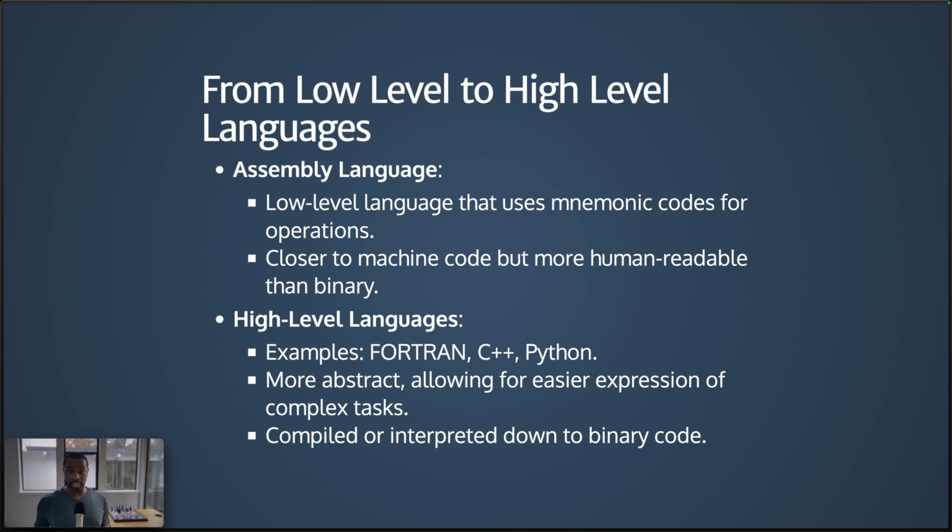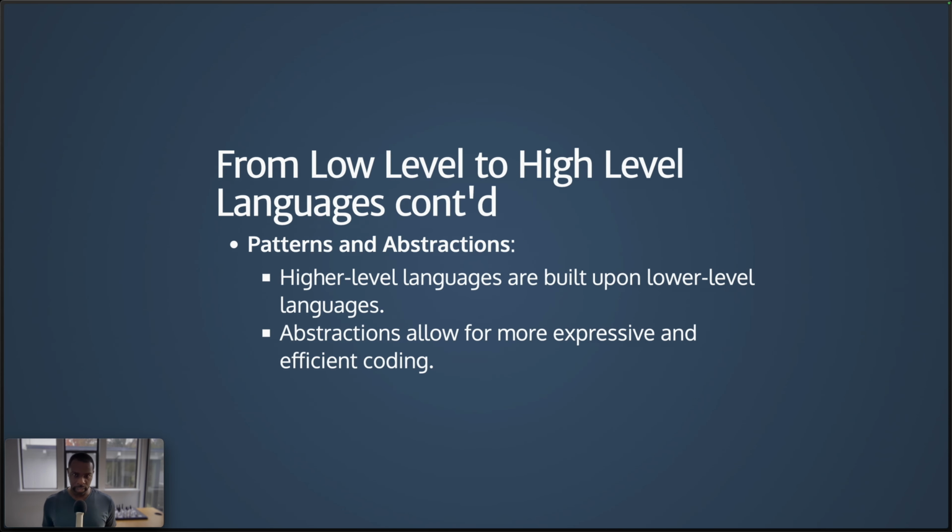Then high-level languages took assembly language as those basic bits and made it even easier to express instructions to the computer. Examples include Fortran, C++, Python, the list goes on and on. These are more abstract, allowing for easier expression of complex tasks, and are compiled or interpreted down to binary code. But again, even the highest level language, at the end of the day, still boils down to zeros and ones.